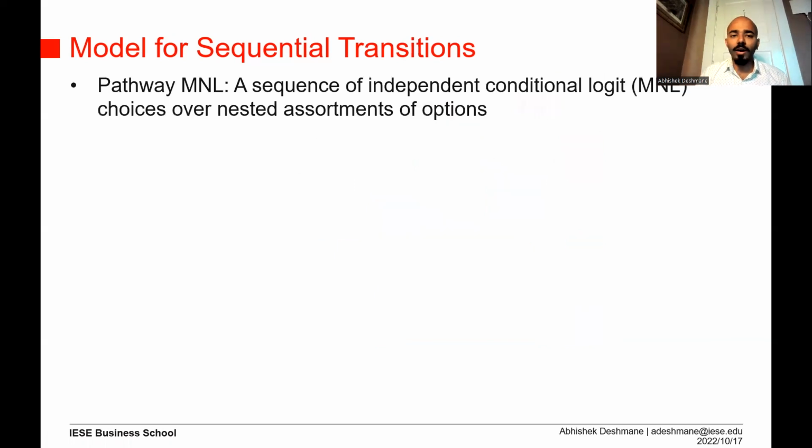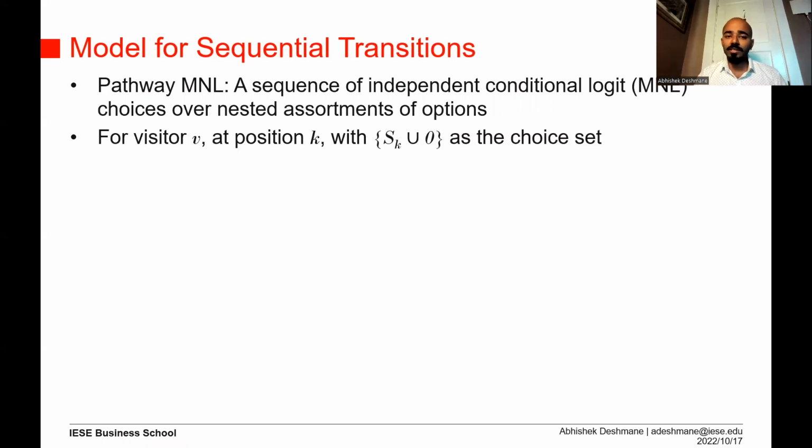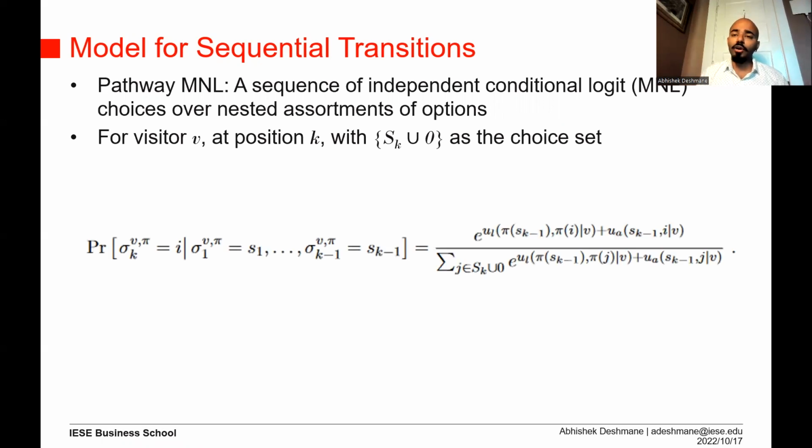For this, we develop a conditional logit form where the visitor chooses one item out of the assortment of options available to them. For a visitor V at position K, who has a particular choice set, the likelihood of choosing artwork I depends on the utility structure given in this form.